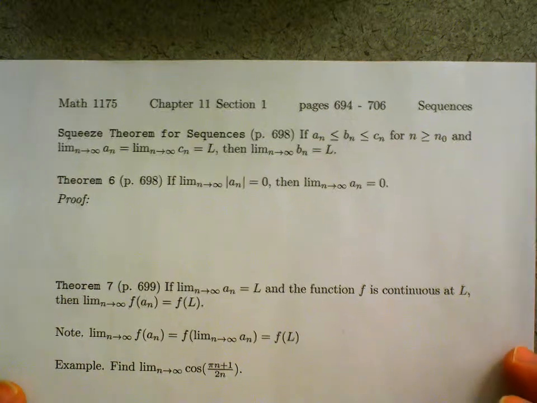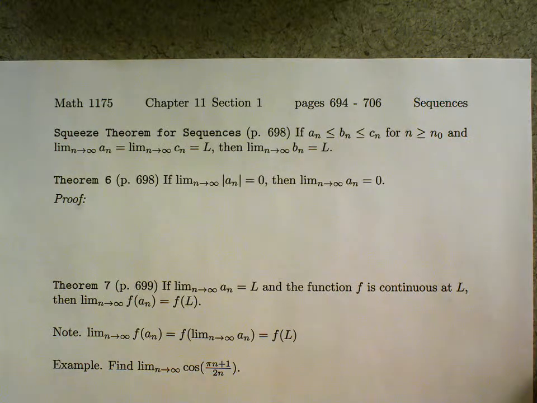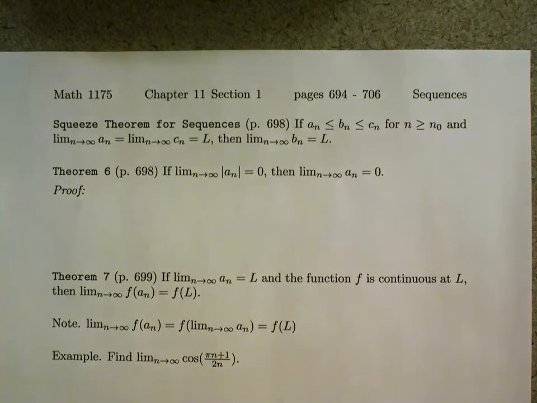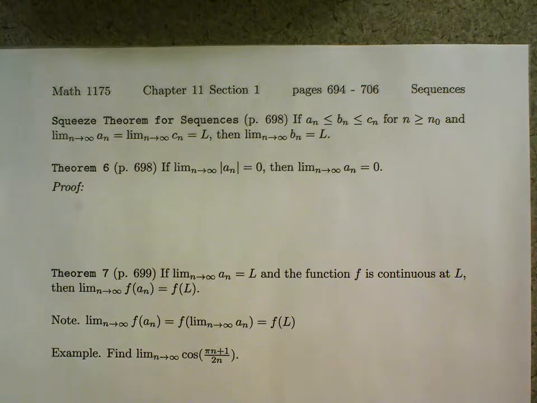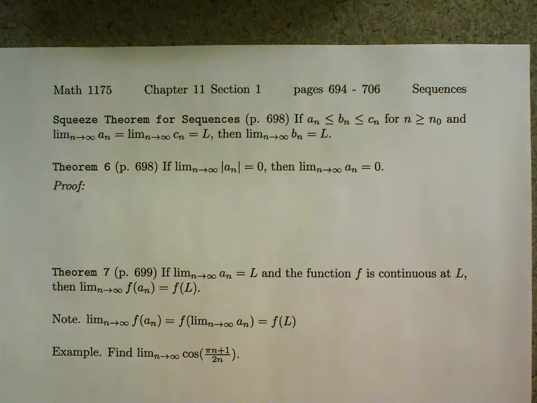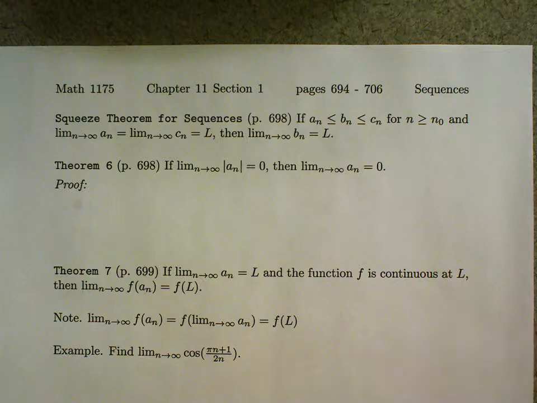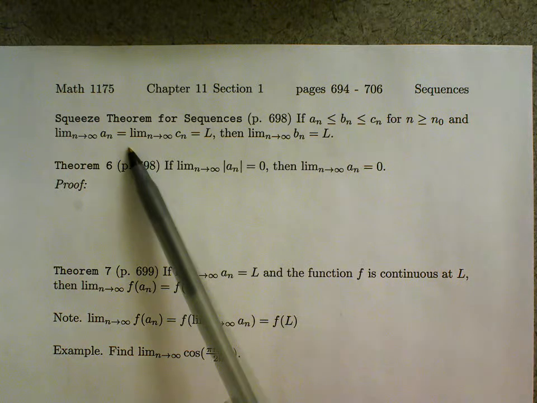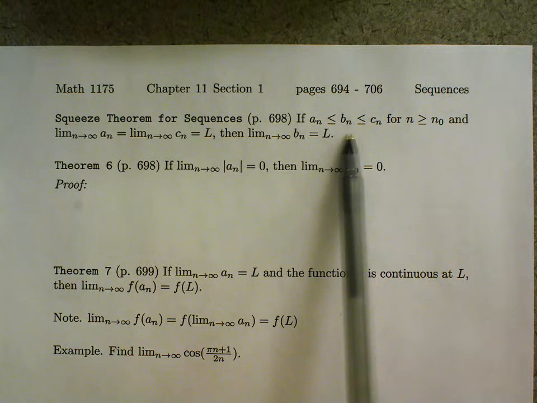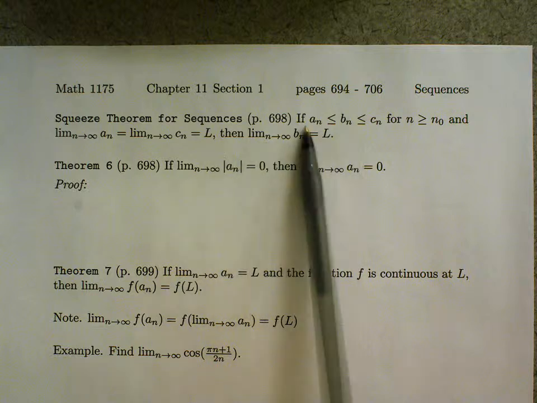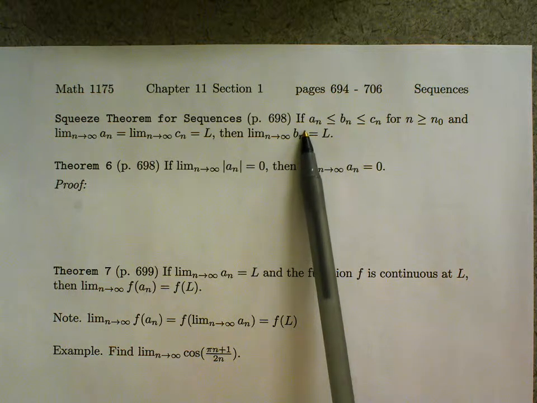Okay, on the next page, we have the squeeze theorem for sequences. This is pretty simple to understand, but it's a very useful concept whenever we need it. This says we have three sequences.